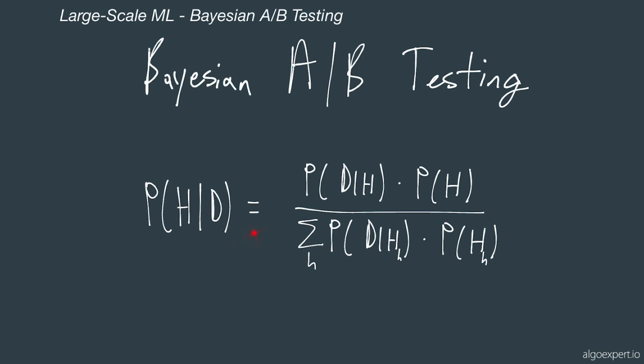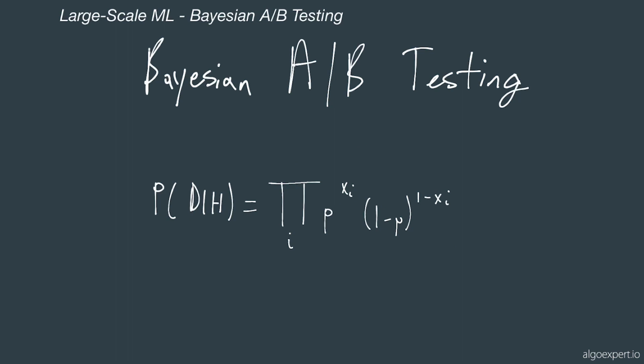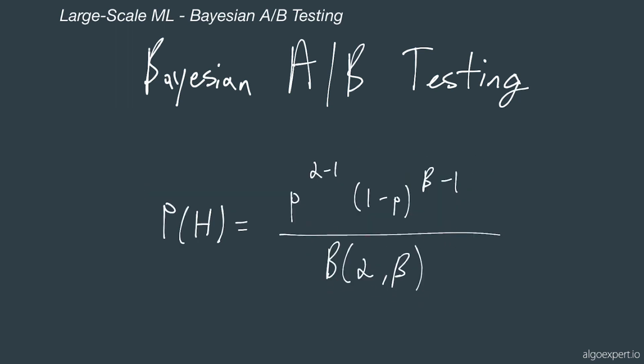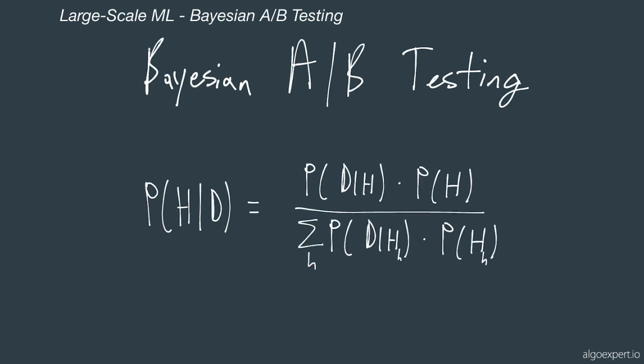To actually solve for this value, we'll need to plug in the terms here. So this is going to be equal to that. This is going to be equal to that. This is a beta distribution. It's not hugely important that you're intimately familiar with all of these terms here. The main thing to take away from this equation is that the posterior and the prior are both going to be of the same type of distribution.